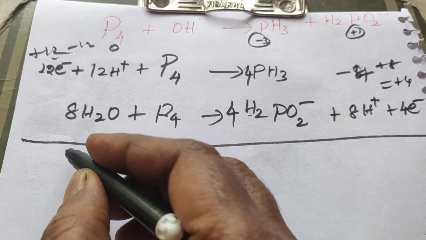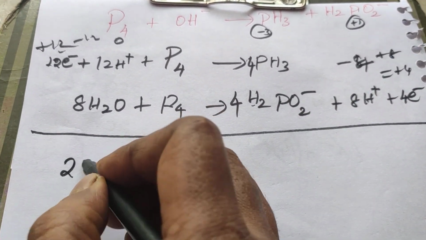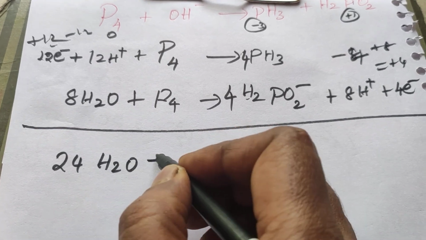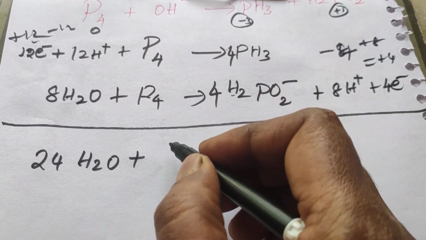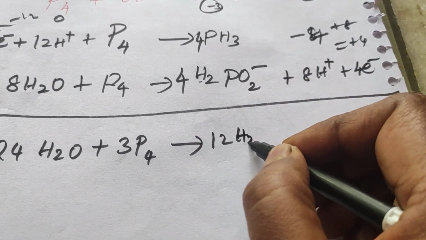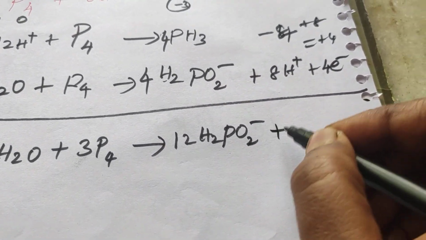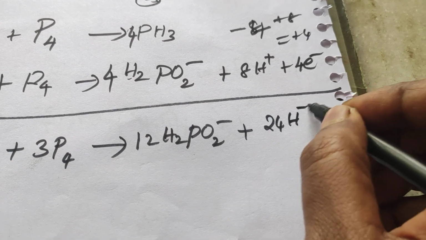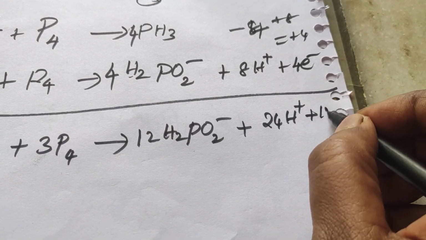So what do you get? You will get 24 H2O, plus 3 we are multiplying, right? So 3 P4 gives 12 H2PO2- plus 24 H+ plus 12 electrons.